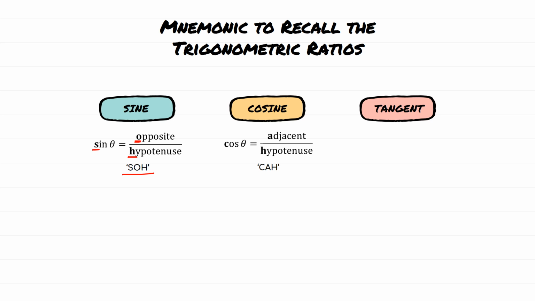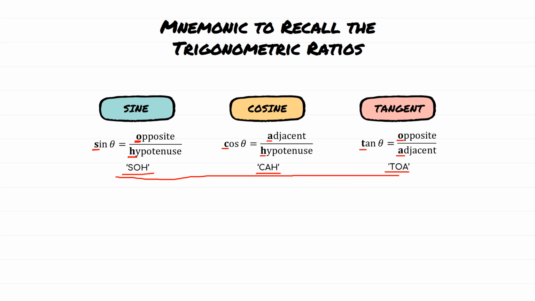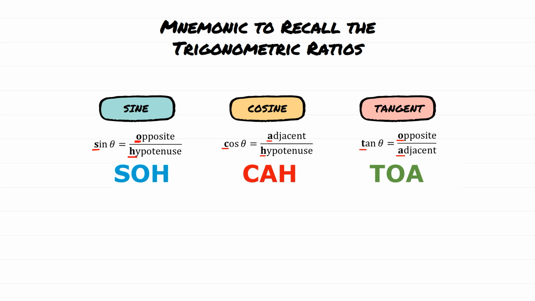Si cosine, first letters ulit, C, A, H. Kaya makuha natin si CAH. And for tangent, that's opposite over adjacent. Tangent, opposite, adjacent. Makukuha natin ngayon si TOA dyan. Ngayon, itong tatlo, pag pinagsama-sama natin yan, makukuha natin si SOHCAHTOA.